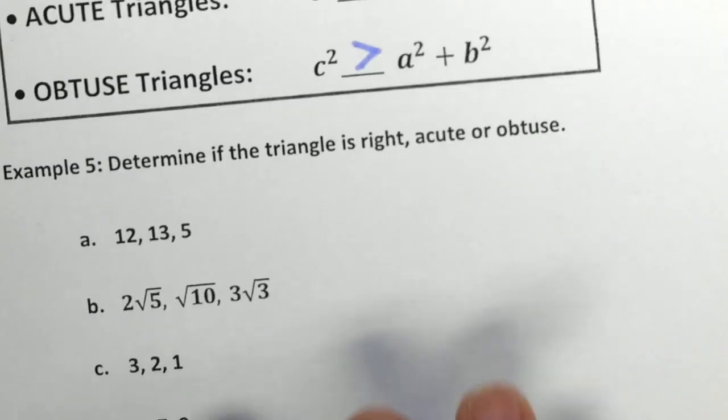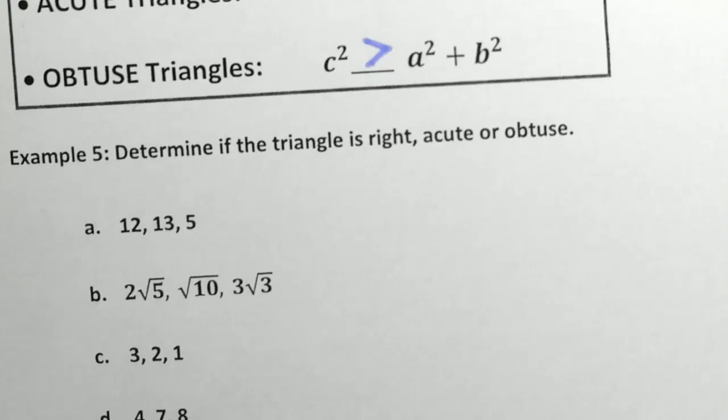All right, let's do these examples together and then we're done. A. It's a right triangle. Why? Because 12, 13, and 5 is on the front page. It's one of the triples on the front page. If you didn't memorize that though, what would you do? Solve it out. What's my C here?